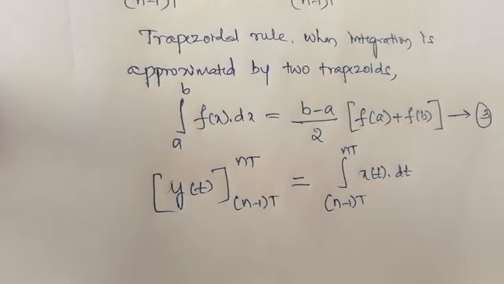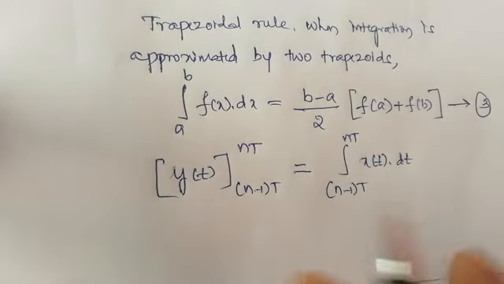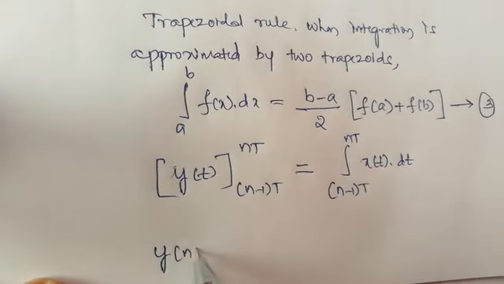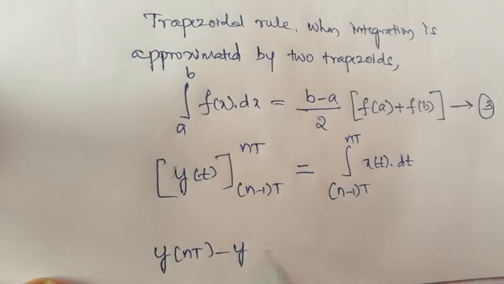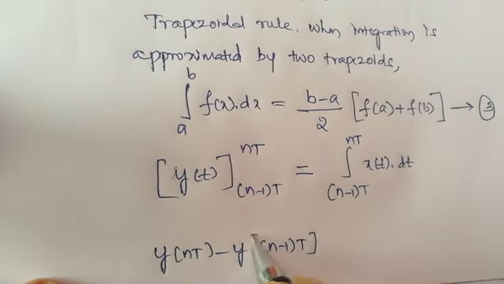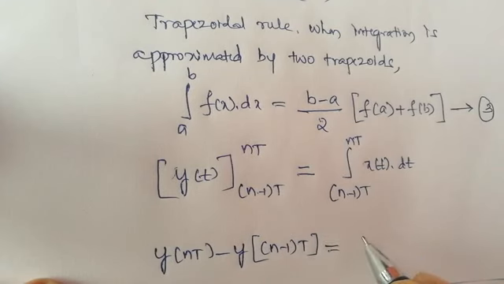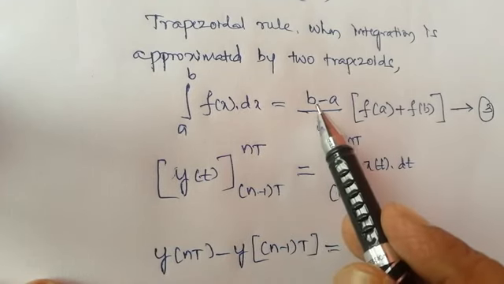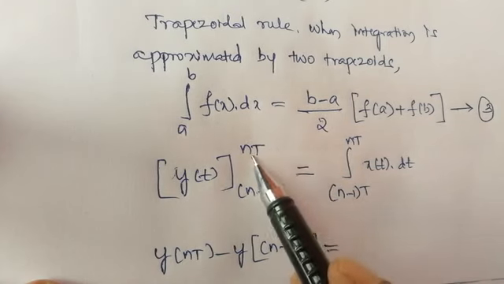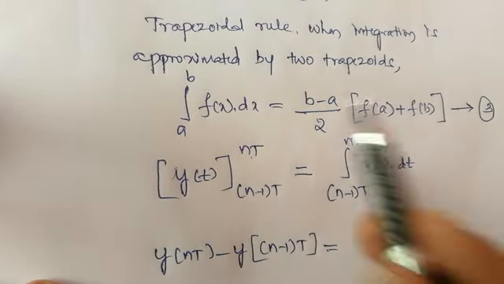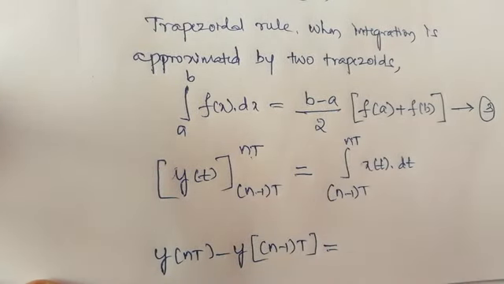Making use of limits, this becomes y of nT minus y of n minus 1 into T, equal to, here b stands for nT minus a, which is n minus 1 T, that becomes after simplifying T by 2.